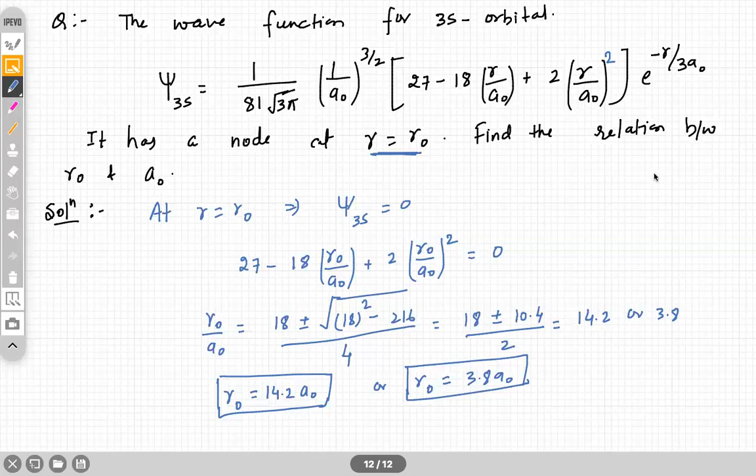Whenever you get this question, you have no other choice but to put psi equals 0. That is it. They can also ask you what is the nodal radius for this particular condition. In that case, you need to find out the R value, correct? Whenever it is a nodal plane, psi must be 0.